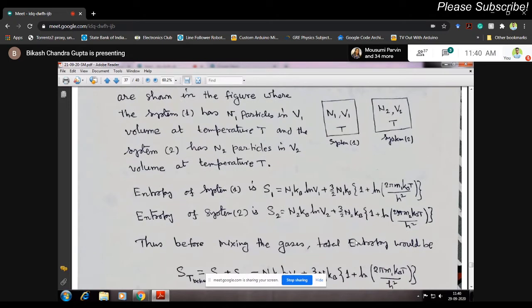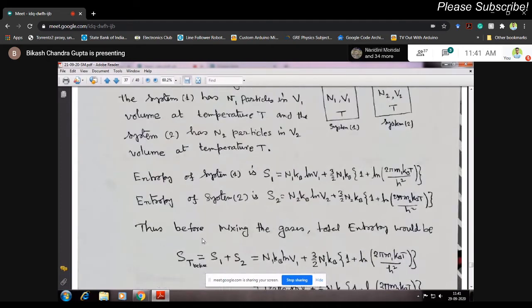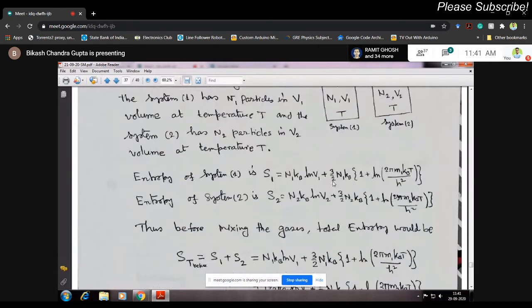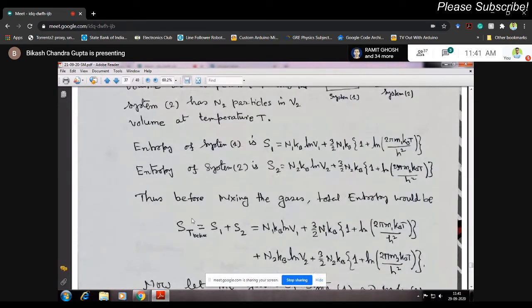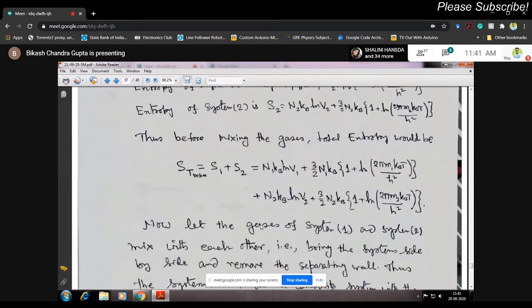And thus the total entropy when they are separate, that means before. Okay, so we'll do something, then we'll say after. So when they are not mixed at all, the total entropy is S1 plus S2 equals this. Just add these two terms. Now let the gases of systems 1 and 2 mix with each other.